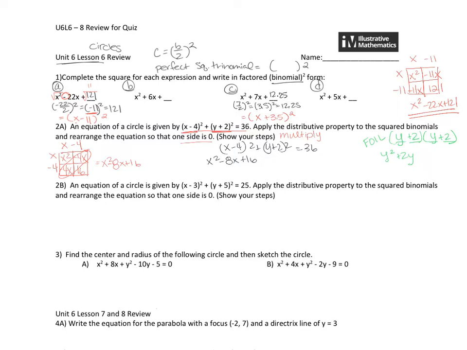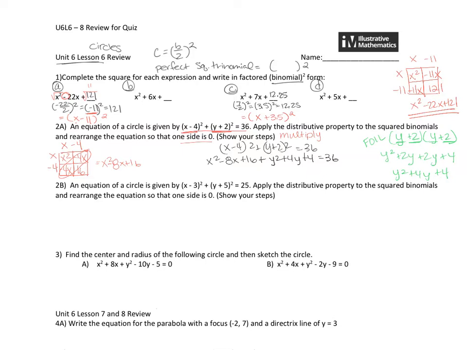My outer terms is 2 times y, or 2y, and my last terms are 2 times 2, which is 4. So I get y squared plus 4y plus 4 for my answer. So going back to my problem, I know that my y plus 2 squared is equal to y squared plus 4y plus 4 equals my 36.